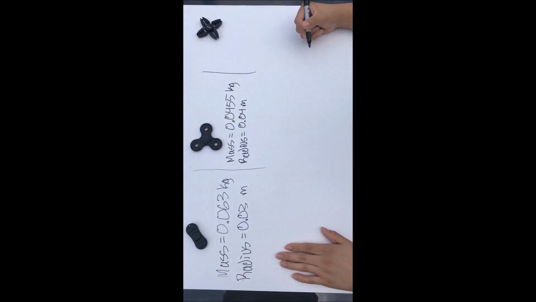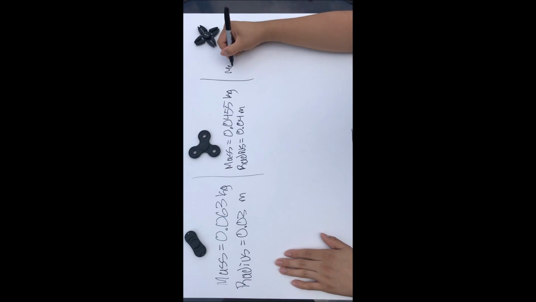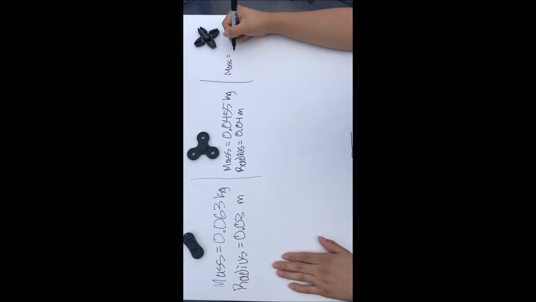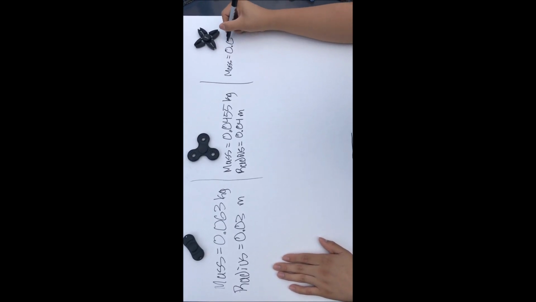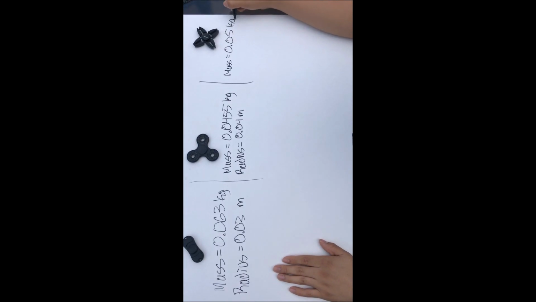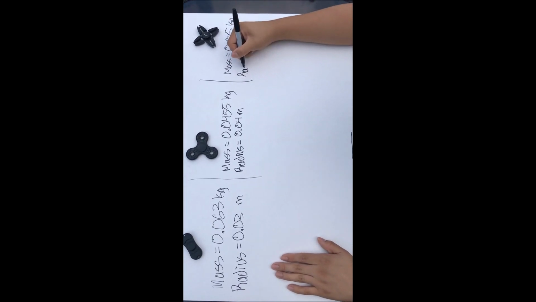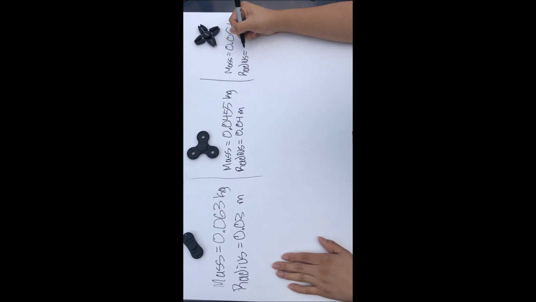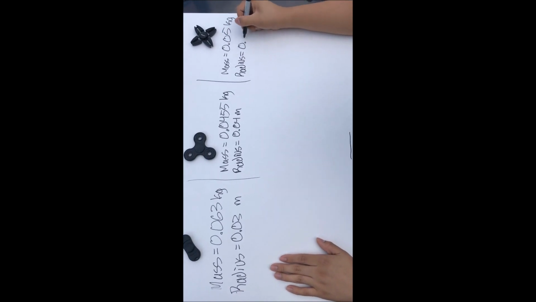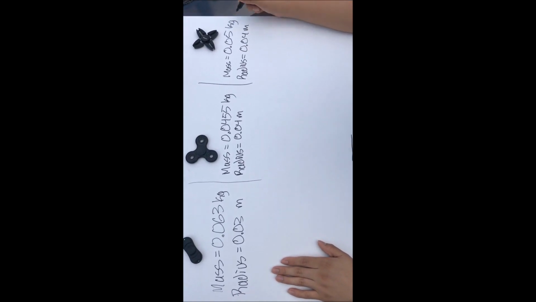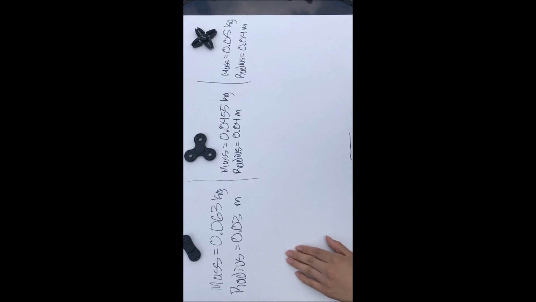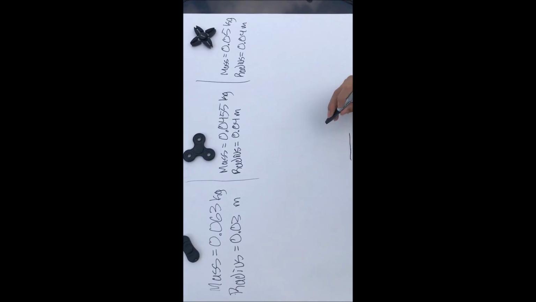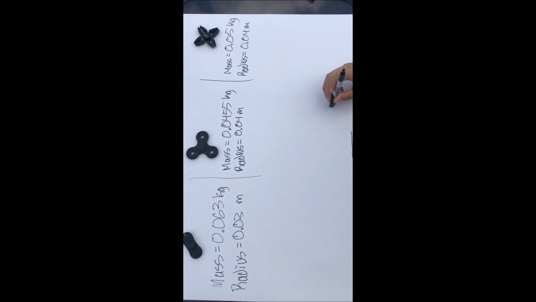And the 4-pronged has a mass of 0.05 kilograms, and its radius equals 0.04 meters as well. So you can see here that the 2-pronged spinner actually has a greater mass compared to the rest of them, but a smaller radius than the other spinners.